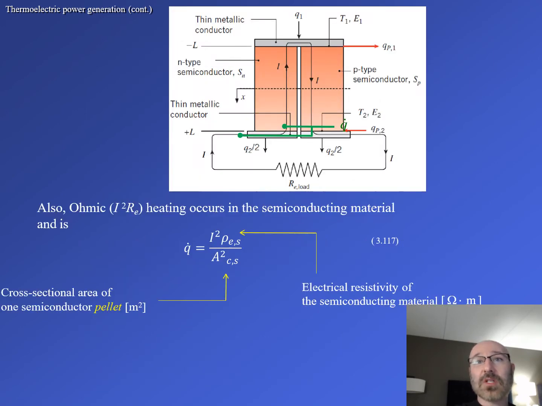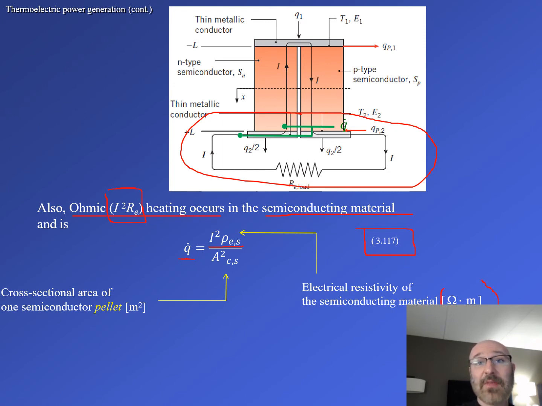So now we want to take a look down here on our cool side at the bottom of our diagram, and we can see we have these Q dots. We want to consider that we also have ohmic heating occurring down here, based off our relationship I squared R_e, in the semiconducting material. So now this goes back to this Q dot. We can form this from equation 3.117 in our textbook, where in the numerator we have I squared times rho_E,S, the electrical resistivity of the semiconducting material, in units of ohms times meters.